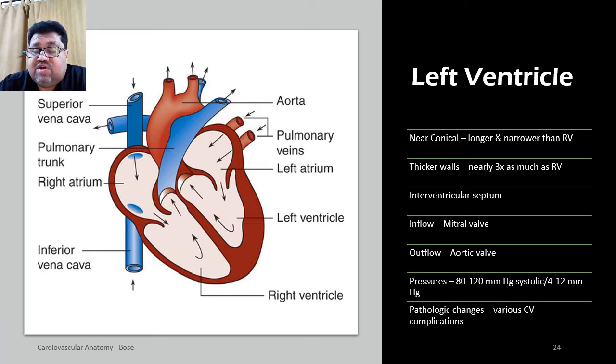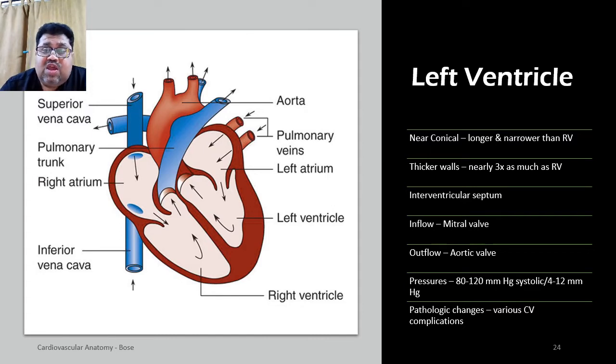The left ventricle ejects the blood that it has received through the aortic valve into the aorta and thereby to the peripheral systemic circulation. Therefore, we can summarize that the inflow of the left ventricle is the mitral valve and the outflow is the aortic valve.